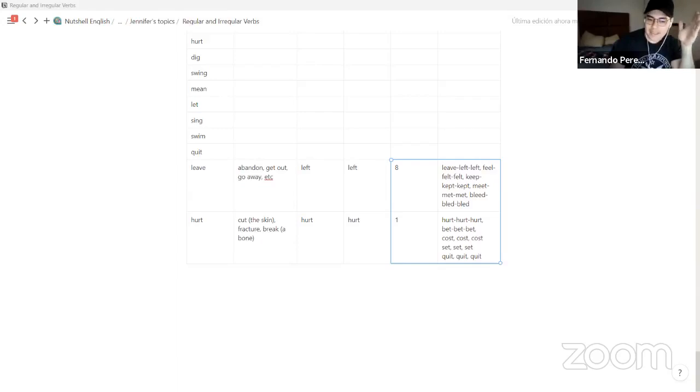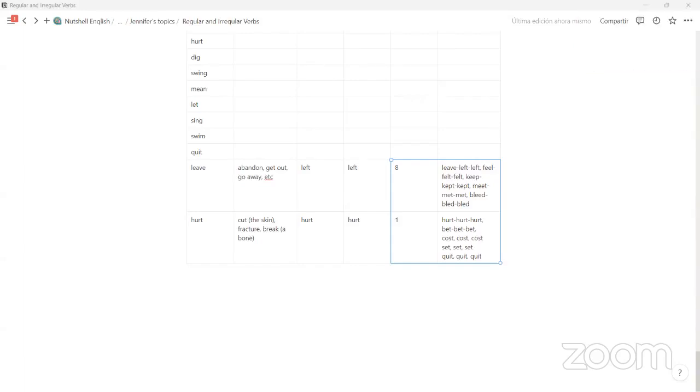But after 3 times, you see a verb and you automatically remember the pattern. Hurt is in this specific pattern. Leave is in this specific pattern. And it becomes natural.